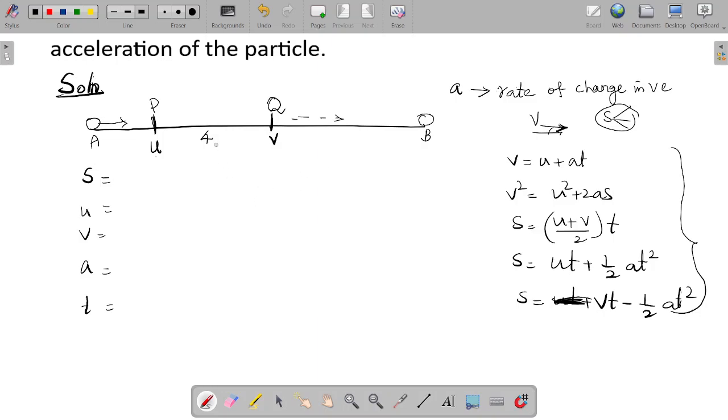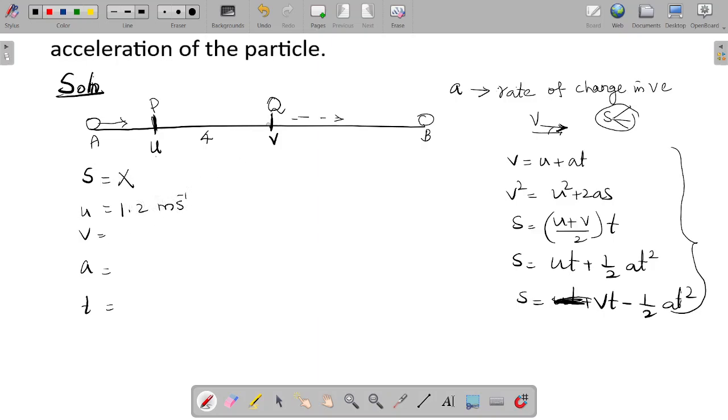Which is the possible one here? s is the displacement, the distance travelled by the particle, which is not given, so no need. u is always denoted by the initial velocity. The particle is at the point P. The initial velocity is given in the question, 1.2 meters per second.